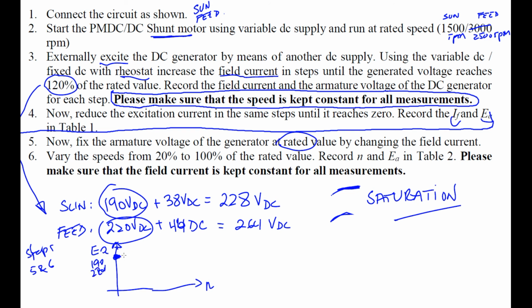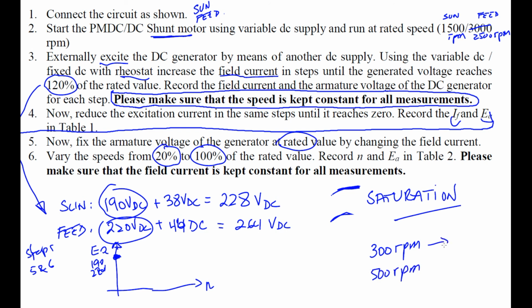We start varying the speed of our systems from 20% of the rated speed till 100% of the rated speed. If we calculate those speeds, for sun, 20% will be 300 RPM, and for feedback around 500 RPM.